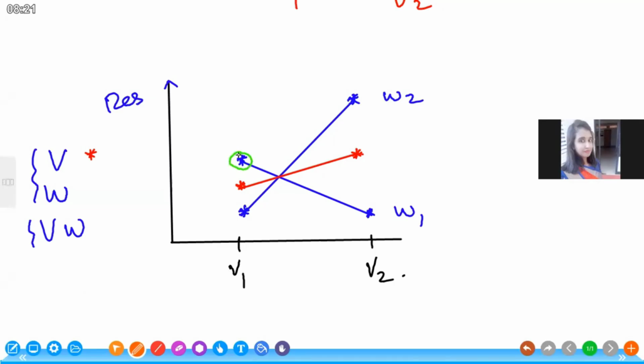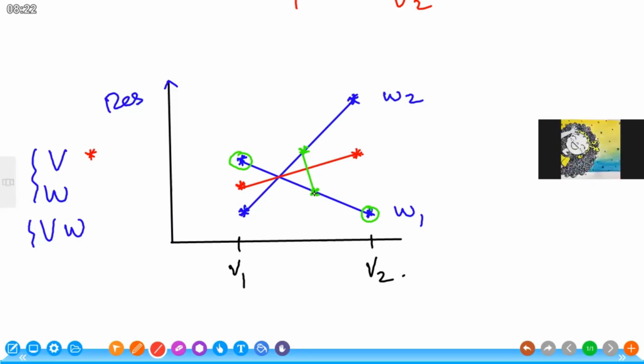This is the first value. Let's say W1, this is the second value. What is the average of that? You will have the value somewhere there. Right? Average value. You have the value somewhere there. So if you draw the line, definitely it's not parallel. Is it parallel to x-axis? No, sir.